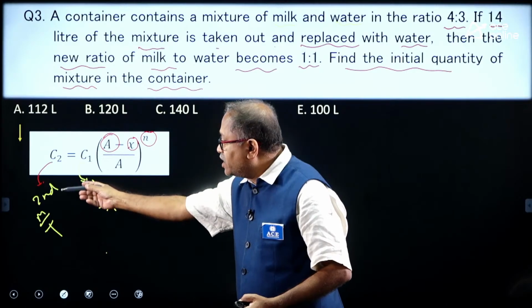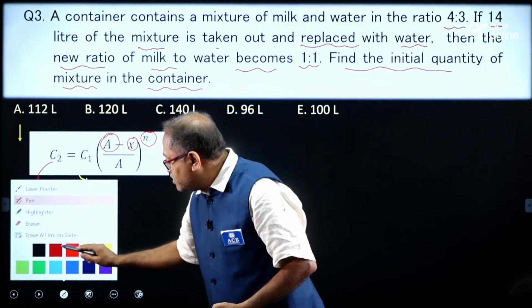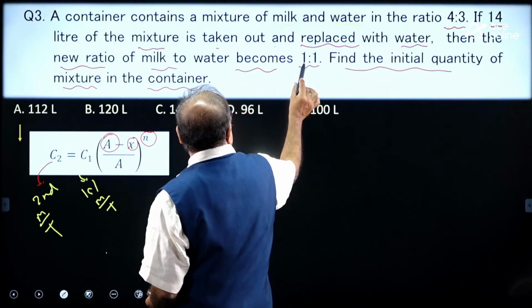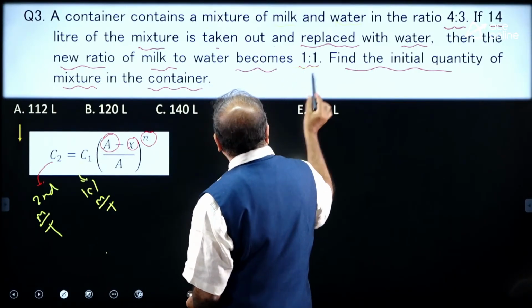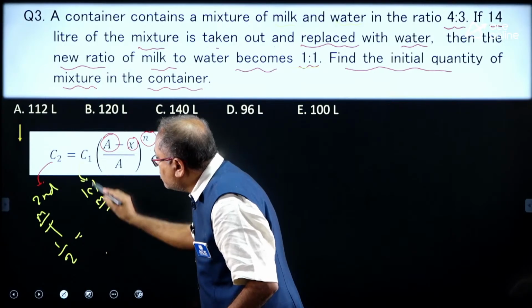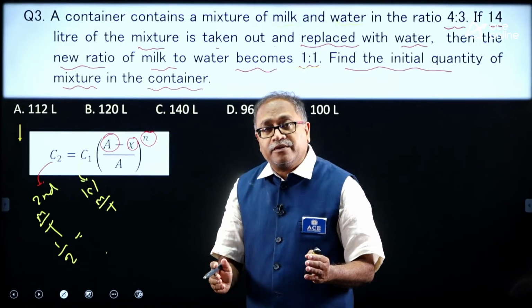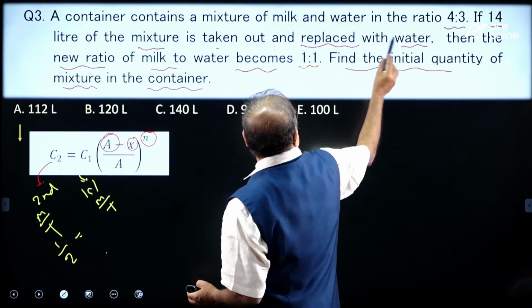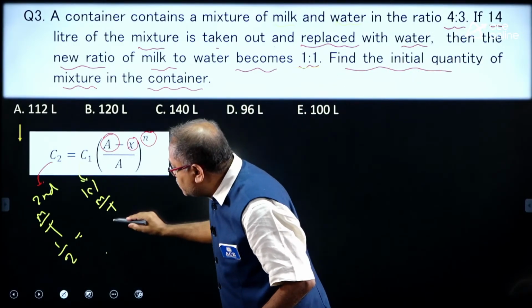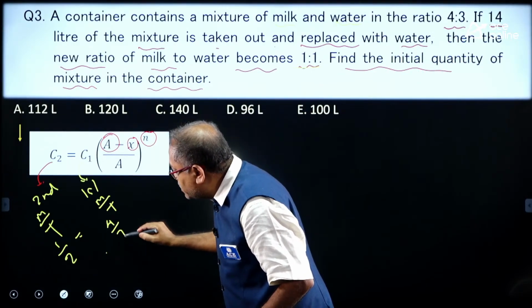Let me give you what C2 is over here. C2 is the second ratio, milk by total, that is 1/2, which is equal to C1 here. The C1 is the first ratio, the 4 part is the milk out of 7 part. So, this will be 4 part over 7 part.